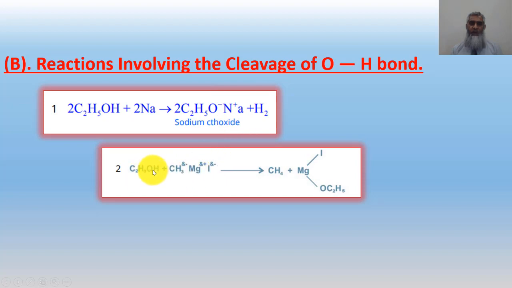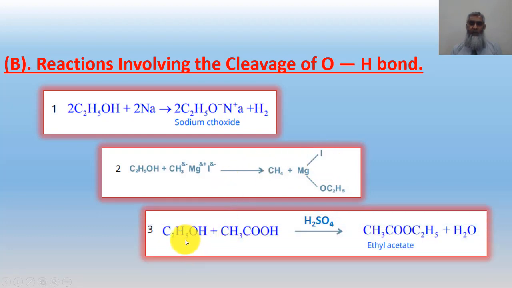So oxygen-hydrogen bond will break up, this hydrogen will combine with CH3 group from Grignard reagent producing methane. The alkoxide group will combine with the remaining species of Grignard reagent. Ethoxide group will combine with magnesium producing magnesium ethoxy iodide.